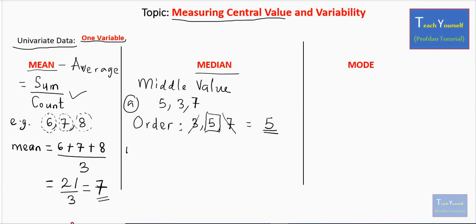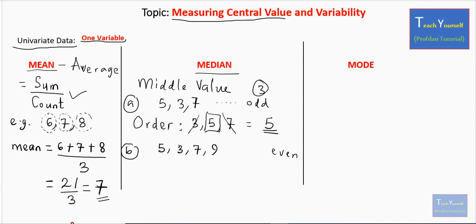What about case 2? Let's say you have 5, 3, 7, and 9. In this case, to find the middle value, there are 4 data values, and that is even. In the first case, there are 3 data values, and 3 is odd.